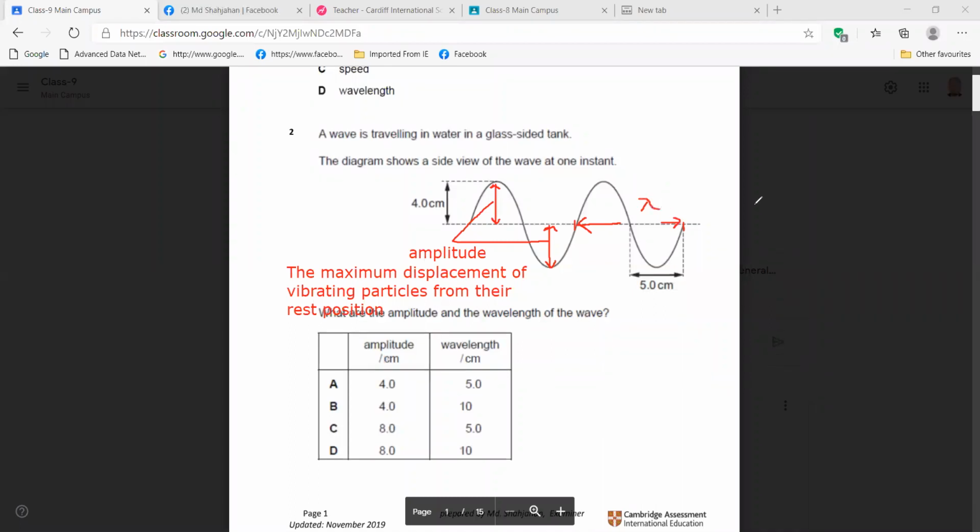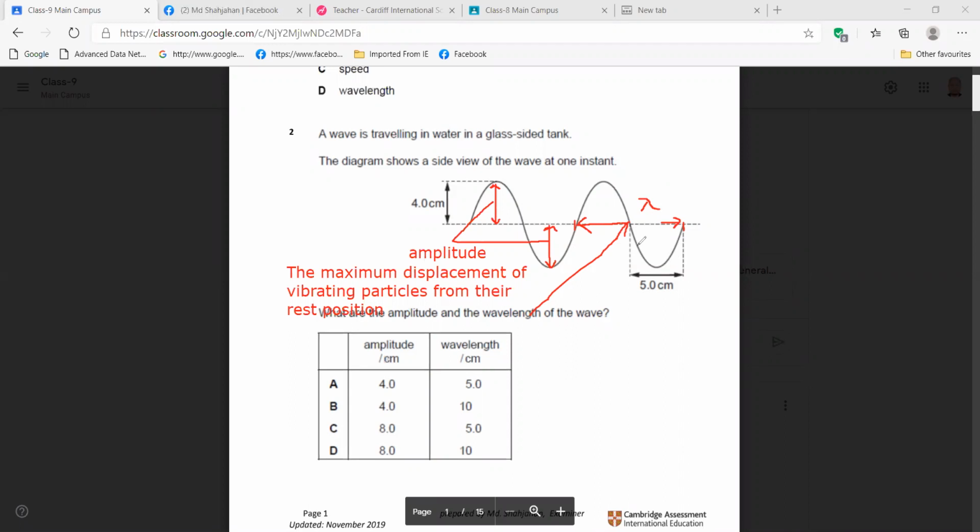Label it as lambda. Lambda is the symbol of wavelength. Okay. Is it clear, everyone?